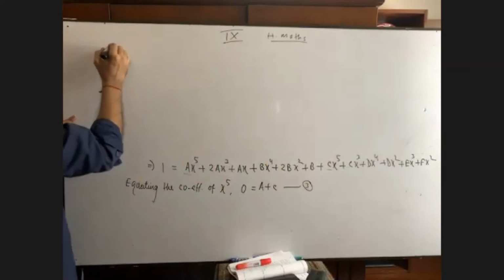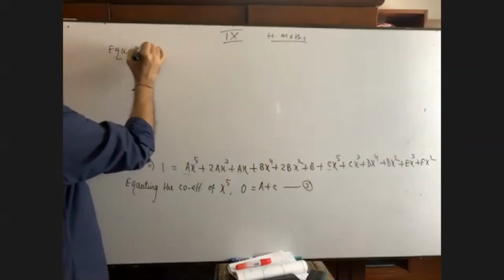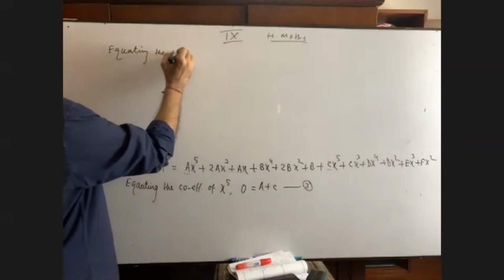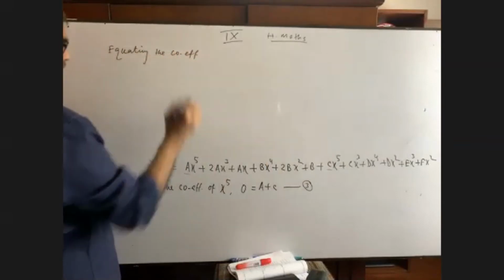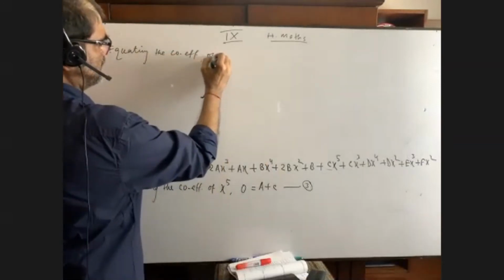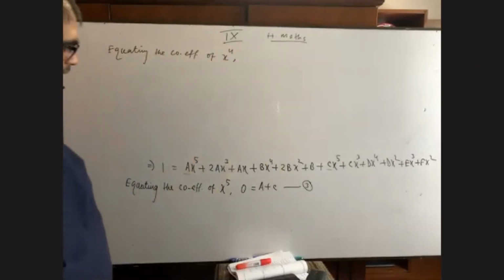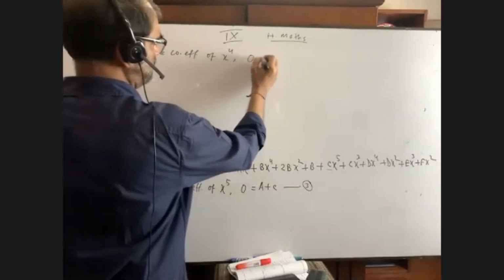Equating the coefficient of x to the power 4, that means 0.